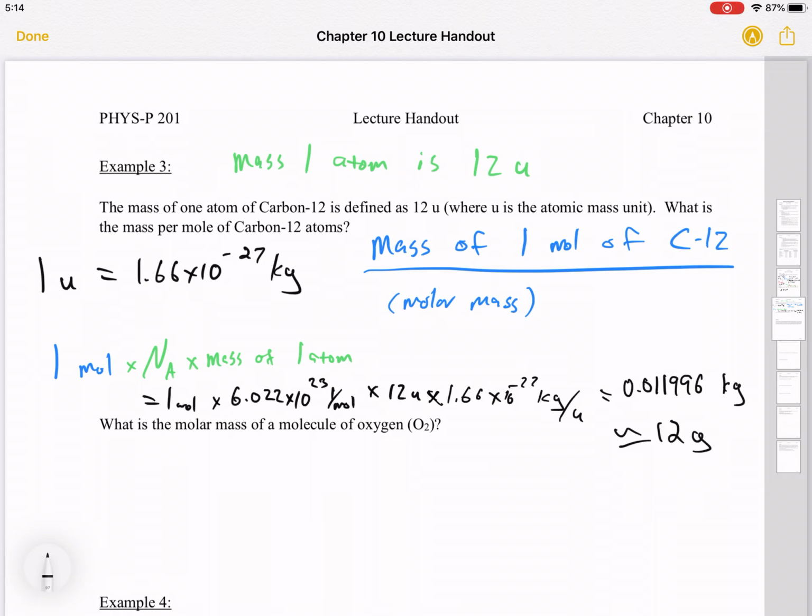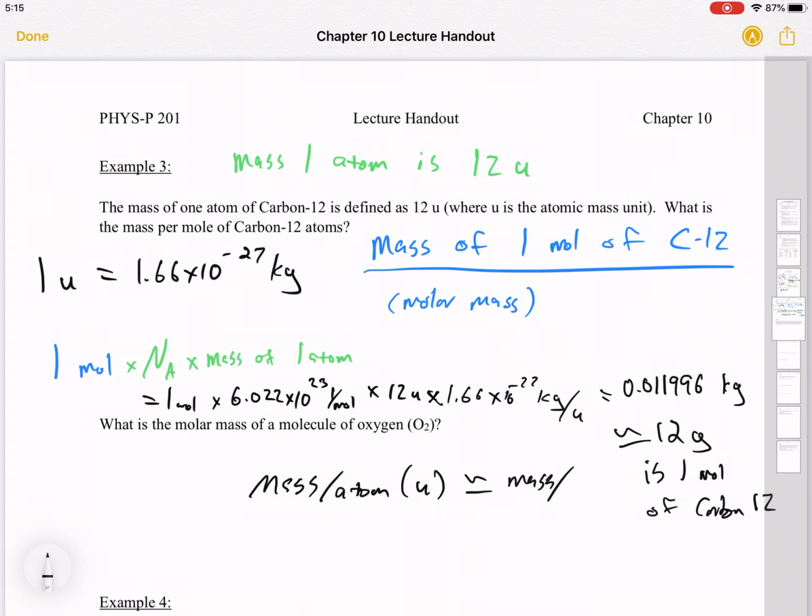So 12 grams is 1 mole of carbon-12. So that's 12 grams per mole, and it was also 12 atomic mass units per atom. So the mass per atom in atomic mass units is pretty close to the mass per mole in grams per mole.